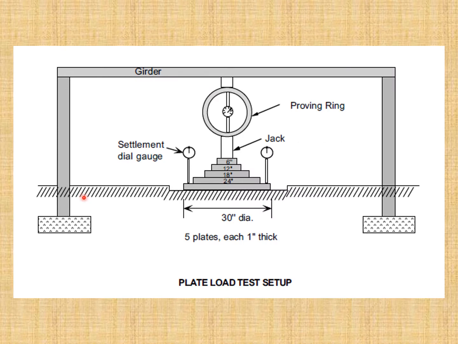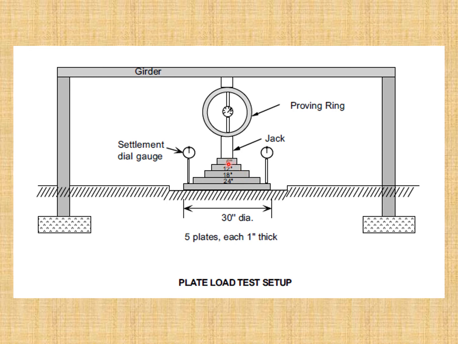So look at that. We have this assembly, and the proving ring and the jack connected to these steel plates. This plate has a diameter of 30 inches. Above that, the plates have diameters of 24 inches, then 18 inches, 12 inches, and 6 inches.